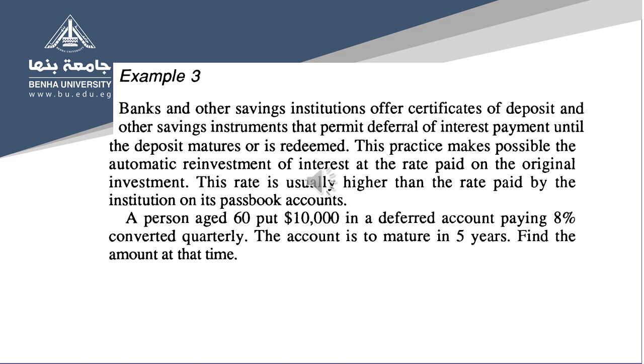This rate is usually higher than the rate paid by the institution on its passbook account. A person aged 60 bought $10,000 in a deferred account paying 8% converted quarterly. The account is to mature in 5 years. Find the amount at that time.